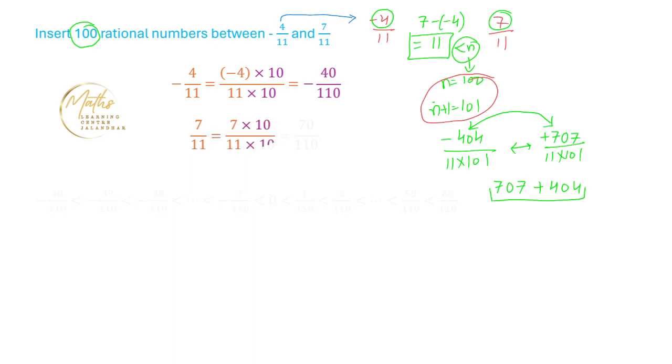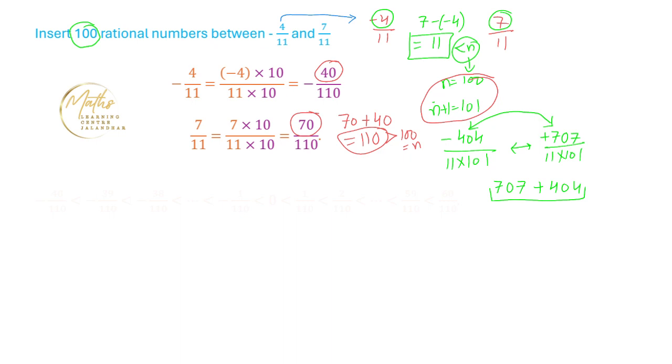We multiply the numerator and denominator with 10, and the number we obtain is 70 by 110. Now what is the difference between the numerators of these two numbers? This is 70, this is minus 40, so it is 70 plus 40, which is 110. And this value is clearly greater than 100, that is n. So now these two values are sufficient to solve this problem.